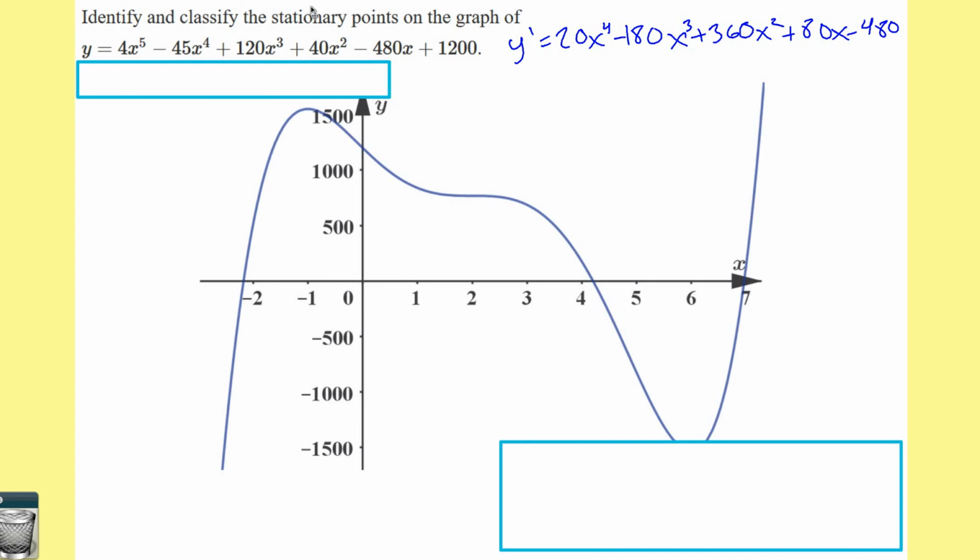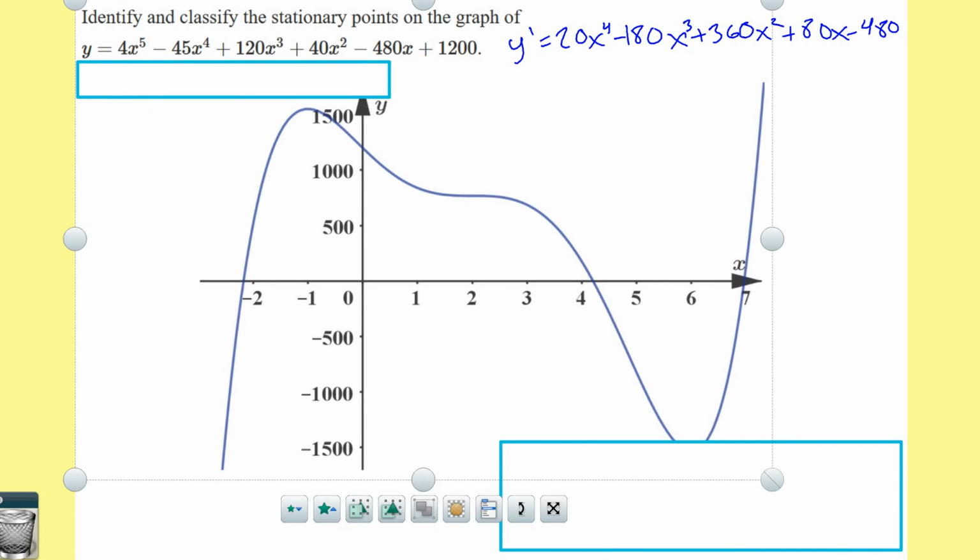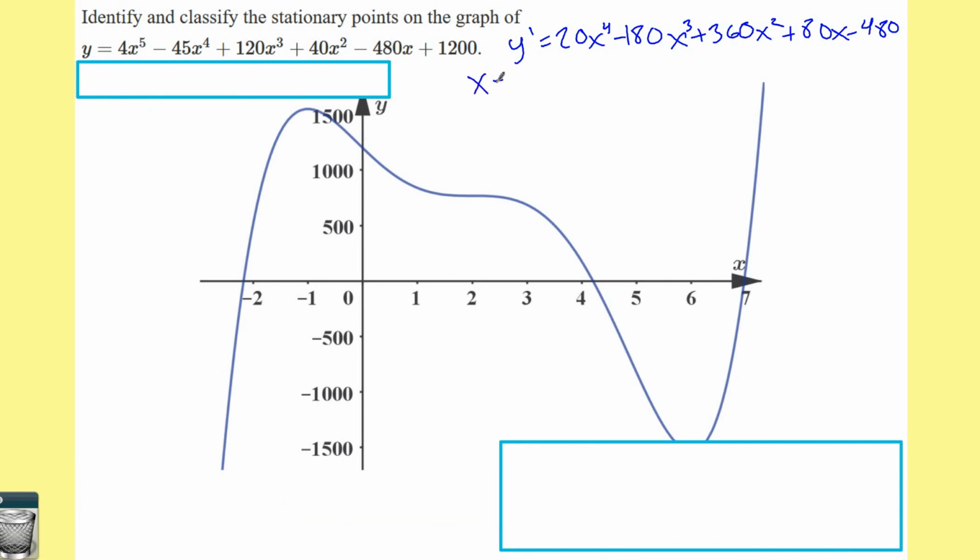Using the Poly Root Finder app, I got x can be a couple of things. x can be 6, and then I got 2.000000307, so I'm just going to say 2, because we round that to 3 sig figs. Then I get 1.999999693, which also rounds to 2.